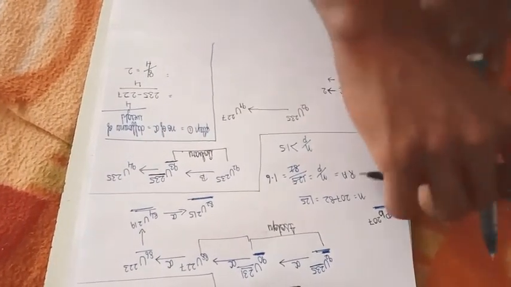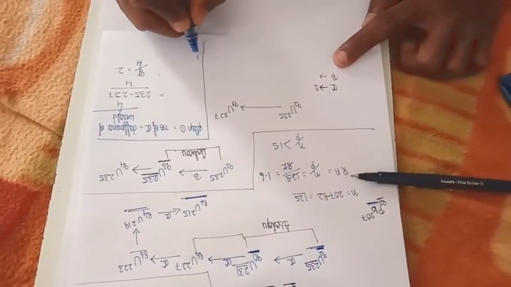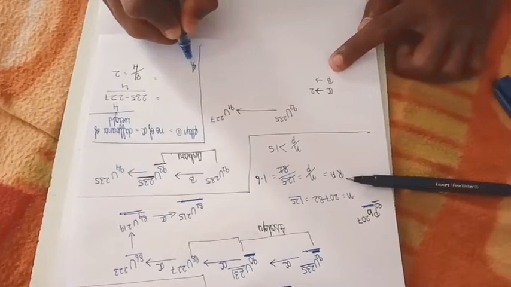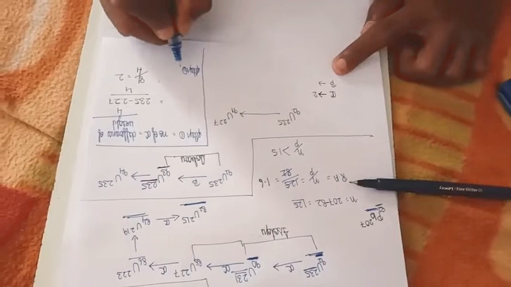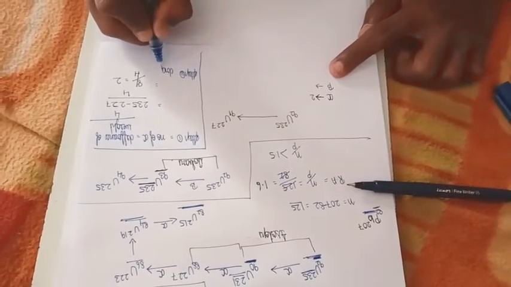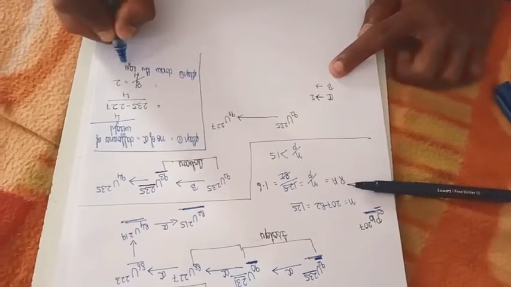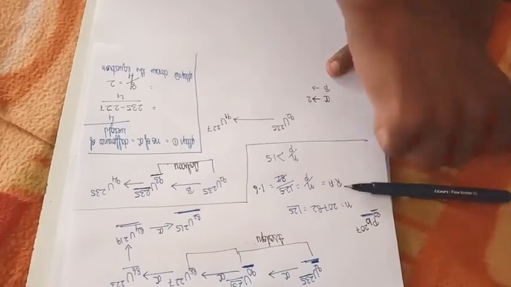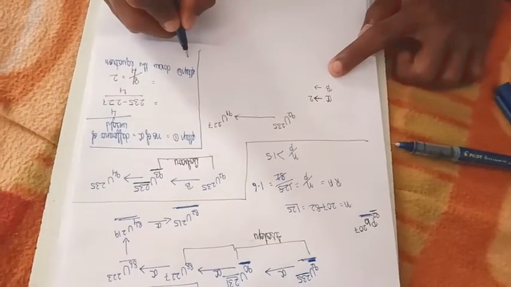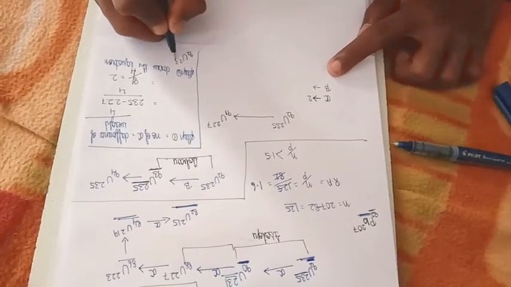How do we calculate beta? For that we follow step 2: draw the equation. That is uranium 92, 235.